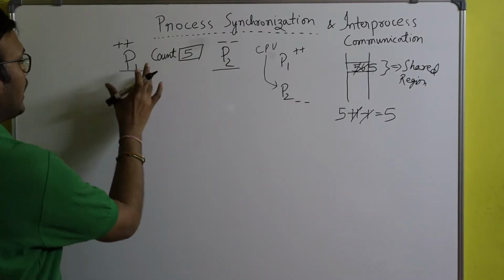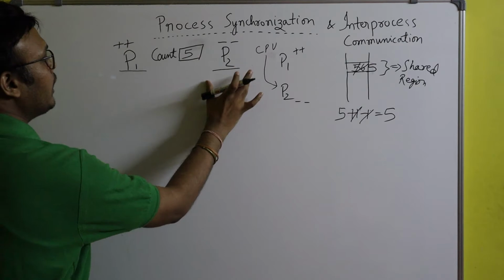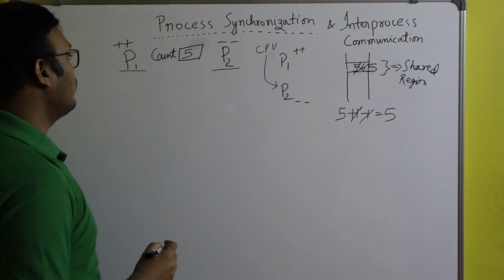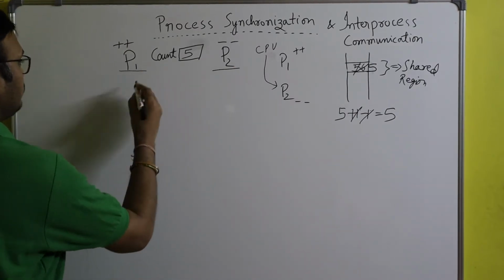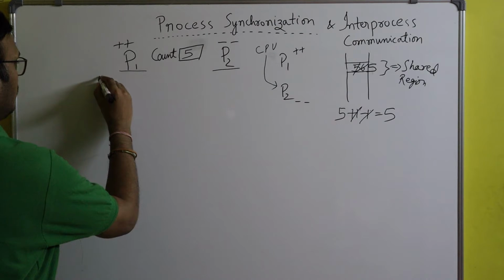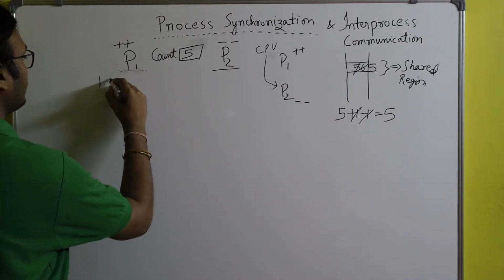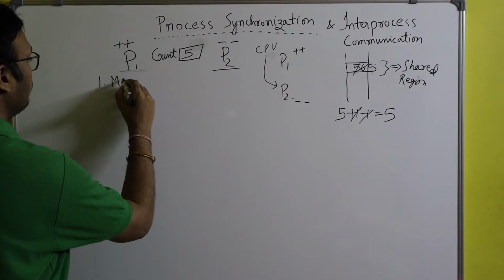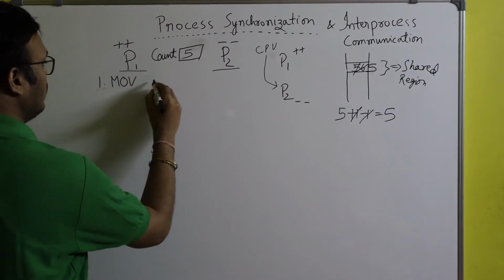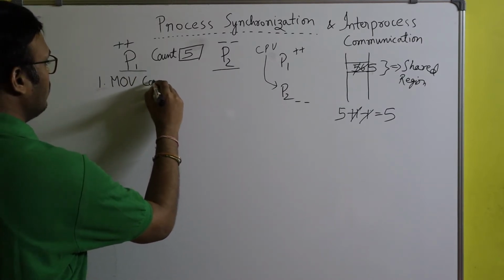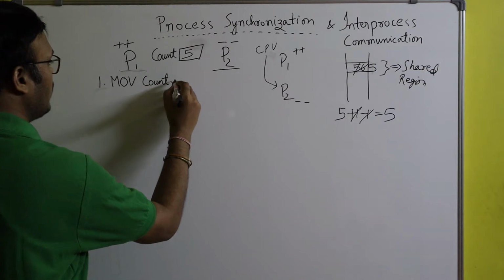So I'm writing the code for P1 and P2, and after that I will explain it. Process P1 will execute its instruction number 1. What's instruction number 1? Move count, comma, R1.